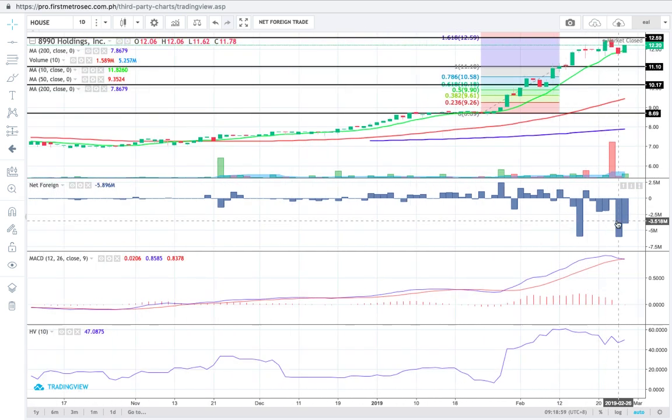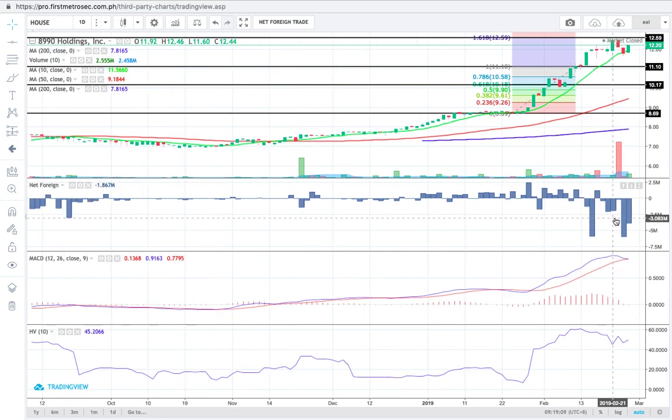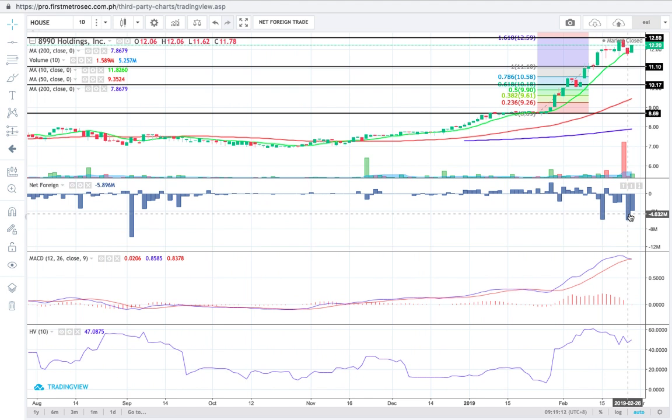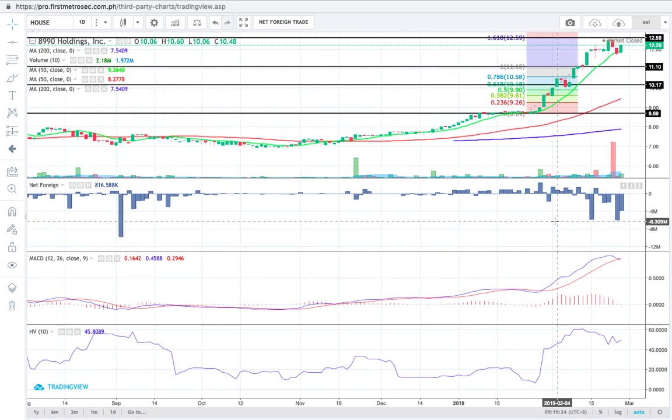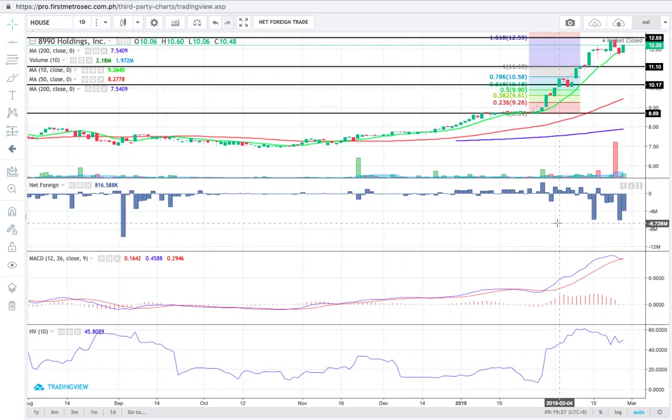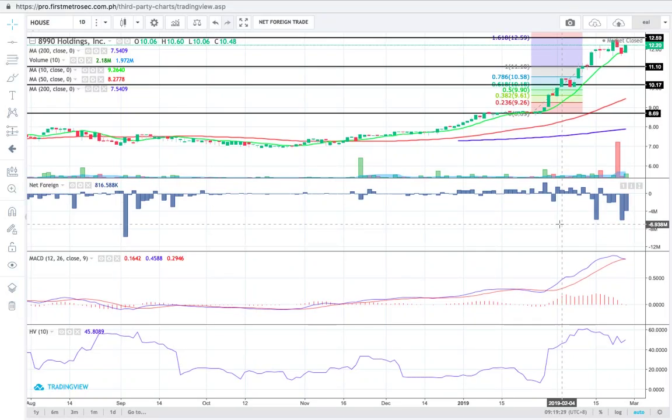Although these net foreign selling bars look so towering, if you take a look at the total value, you would see that they only range below 1 million. You got 6 million, and then you got 4 million. They're not as significant as the net foreign investors' participation on the index stocks.